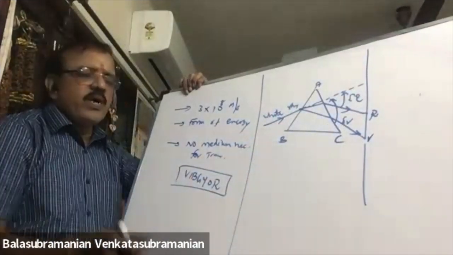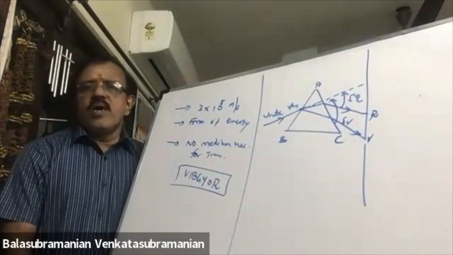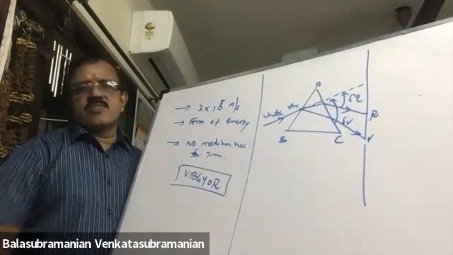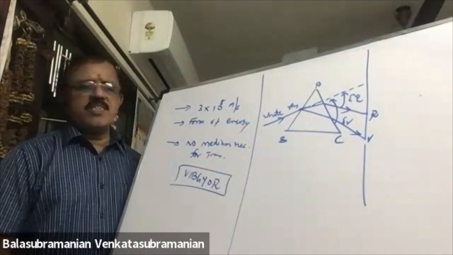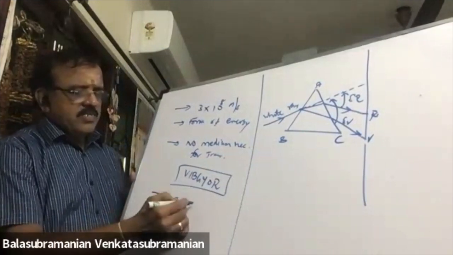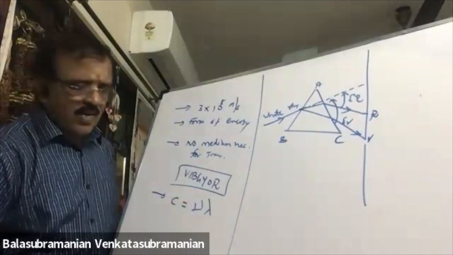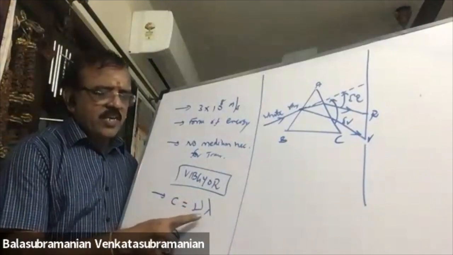Red is the least deviated. Why is violet deviated more? Why is the red ray deviated less? Simple. Already we have seen the formula: C is equal to nu lambda. Velocity is equal to frequency into wavelength.